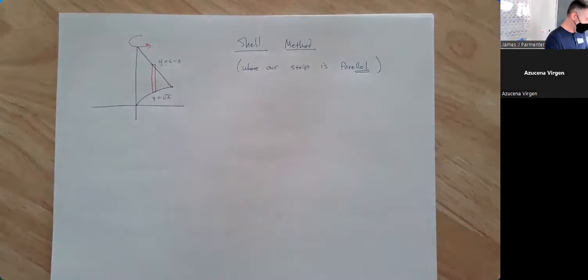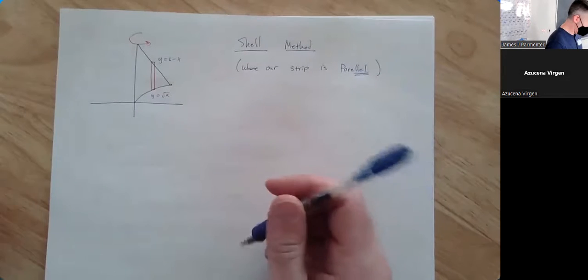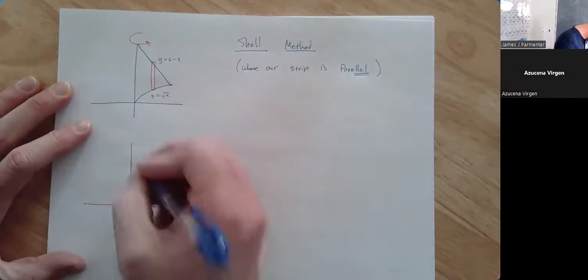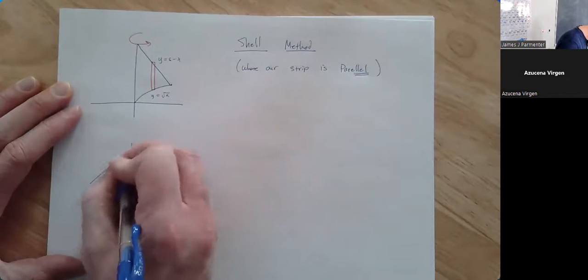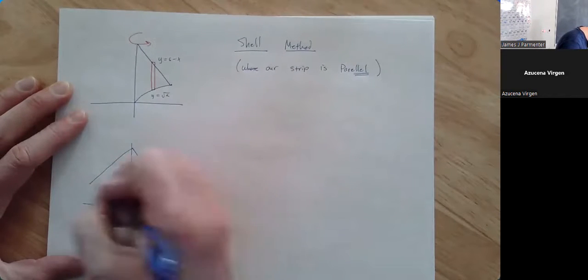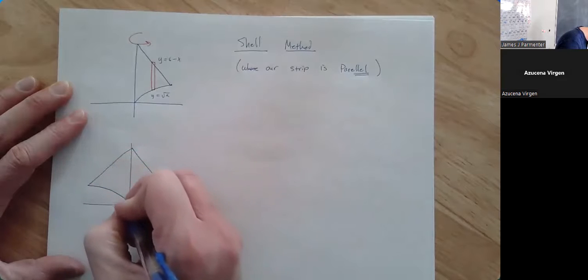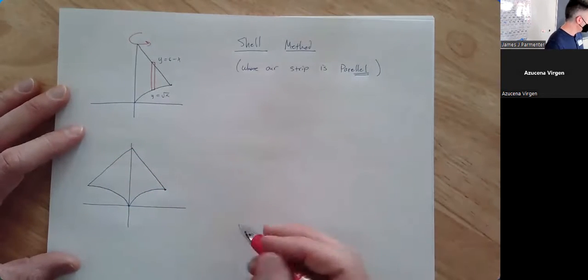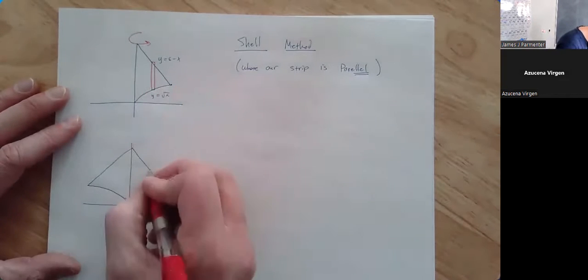Great. So here's why it's called the shell method. Because when you rotate this thing around, if I can draw this decently, you're getting a shell of a cylinder. You're getting this shape here.